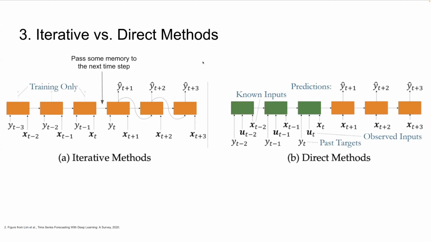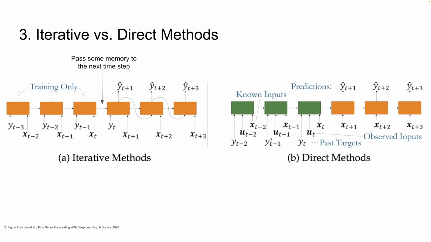And lastly, I will cover two basic methods for time series forecasting, the first one is the iterative method, and the second one is the direct method. The direct method might be simpler to understand, so I'll talk about the right-hand side first. On this figure, x will be the variables that are known for both the context and the forecast horizon.